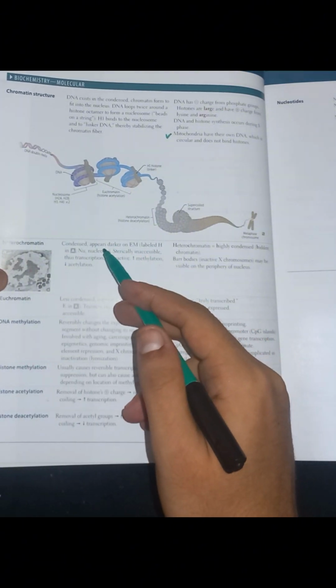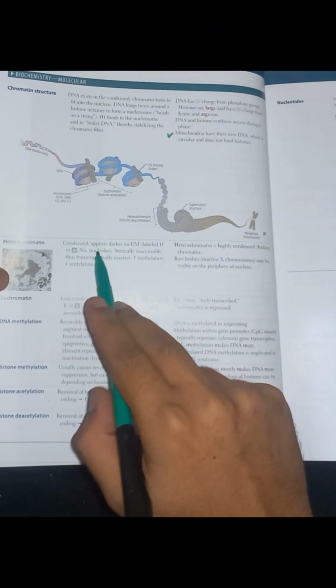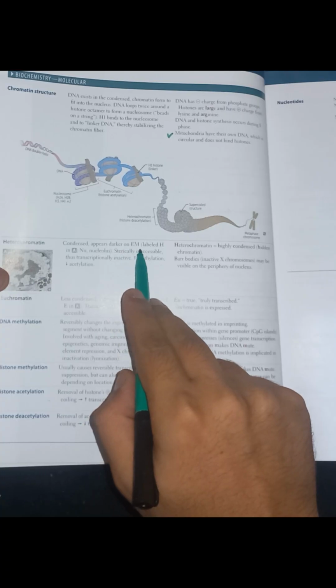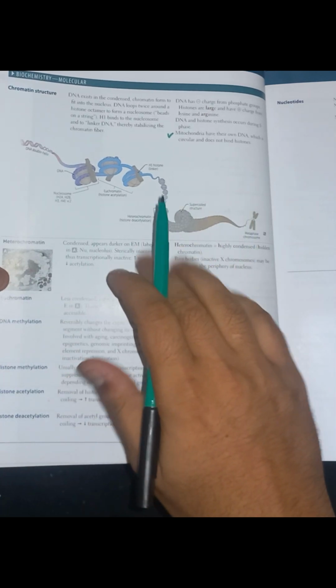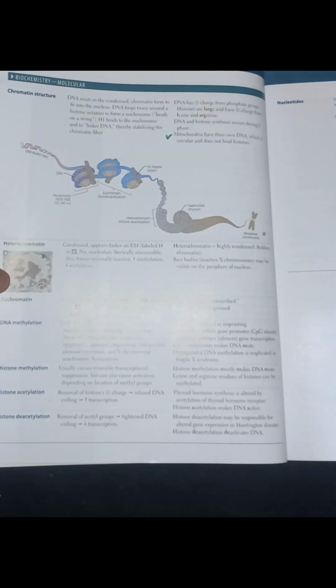Now let's look at the book again. It says heterochromatin is condensed. We know why it is condensed, because of methylation. It appears darker on electron microscope, and it is sterically inaccessible, which means it is tight and not accessible for transcription.